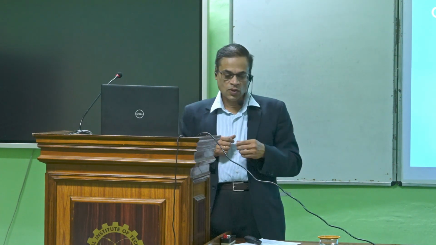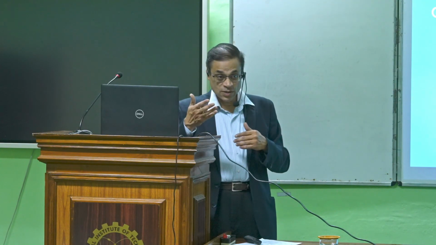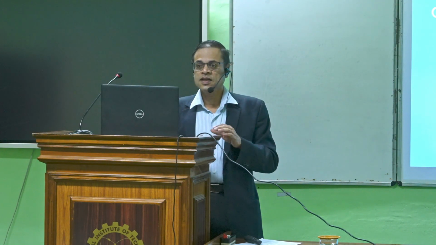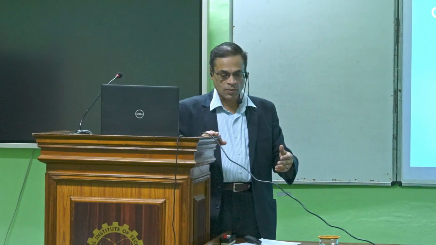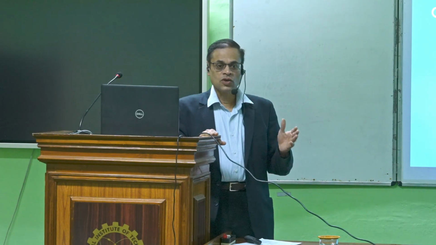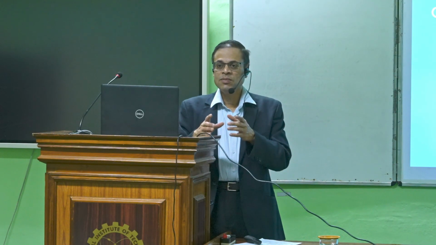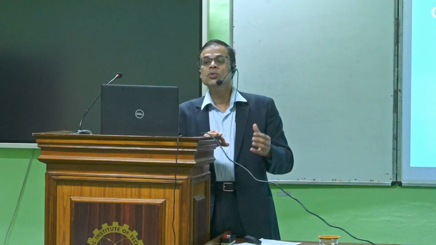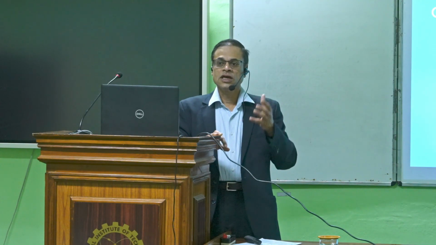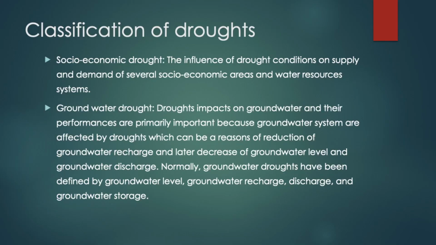And then we are also looking for using that water for energy production, hydropower. And then the last one is, of course, we want certain amount of water to be in the river to keep these aquatic systems alive, aquatic habitats alive. So that competing demand brings in the human element in it. So that's why we call it socio-economic drought.